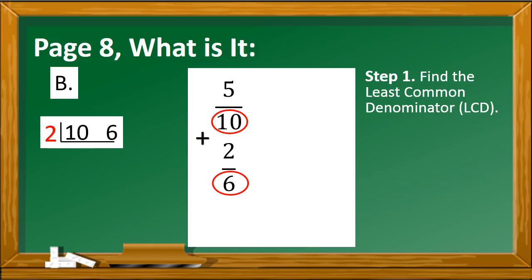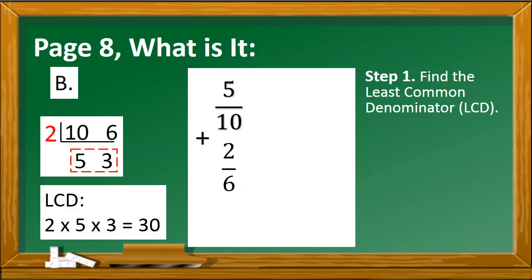Then, we will use continuous division method. 10 divided by 2 equals 5. 6 divided by 2 equals 3. Since 5 and 3 do not have common factor left, to find the LCD of 5/10 and 2/6, we simply copy all the numbers outside the division sign.